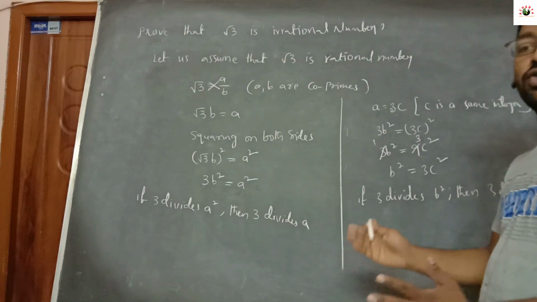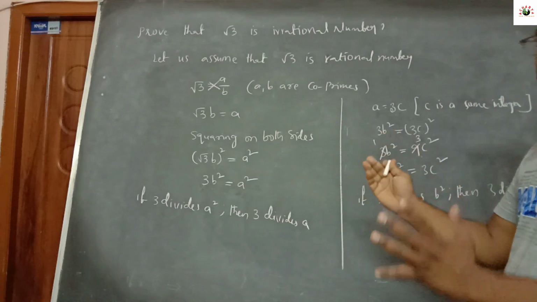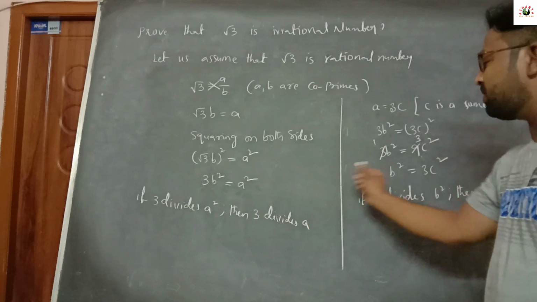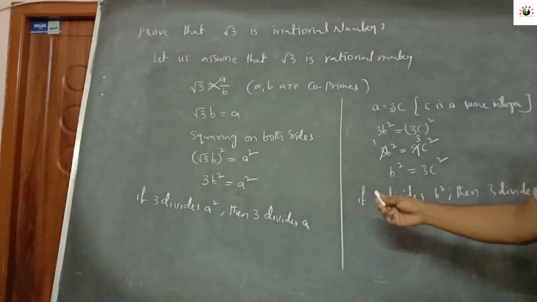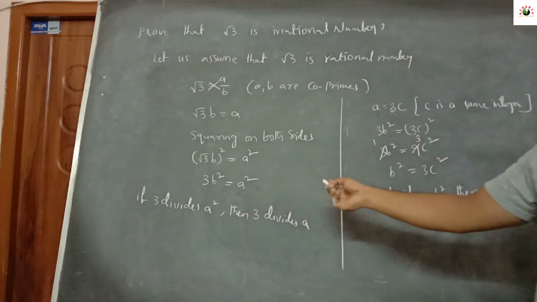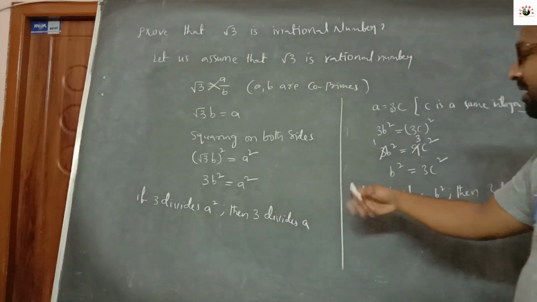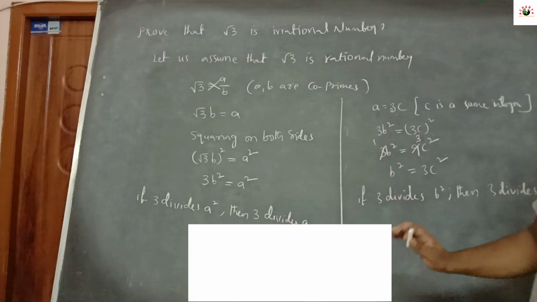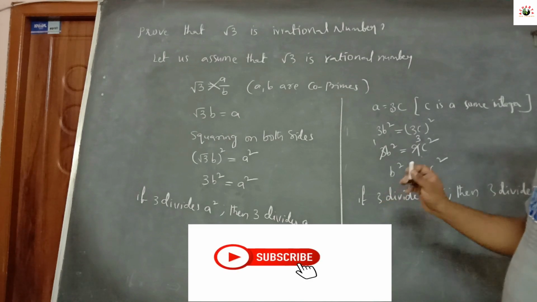Co-primes means there is no common factor other than 1. But according to these two equations, 3 is a common factor of both A and B. Means here A, B are not co-primes.